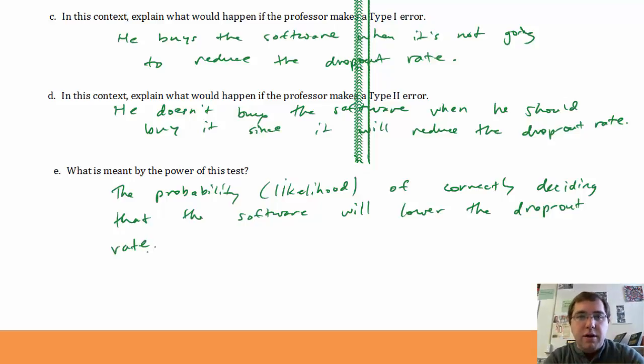If the software will lower the dropout rate, then we should be rejecting the null hypothesis. So the power of the test is its ability to detect or correctly decide that we should buy the software because we know that it lowers the dropout rate.